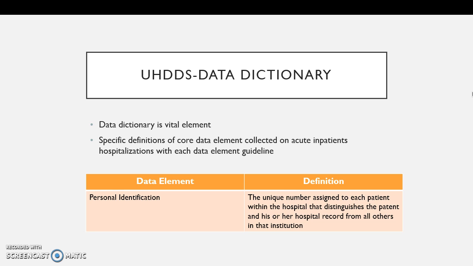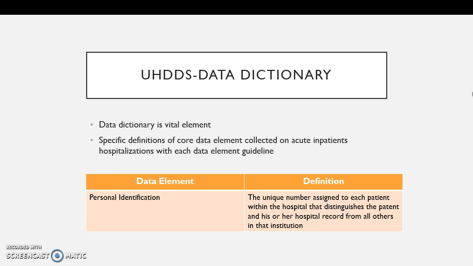And one of the things that sets UHDDS apart is its data dictionary. So the data dictionary is pretty vital to UHDDS. It has specific definitions of core data elements collected on acute inpatient hospitalizations with each data element guideline.